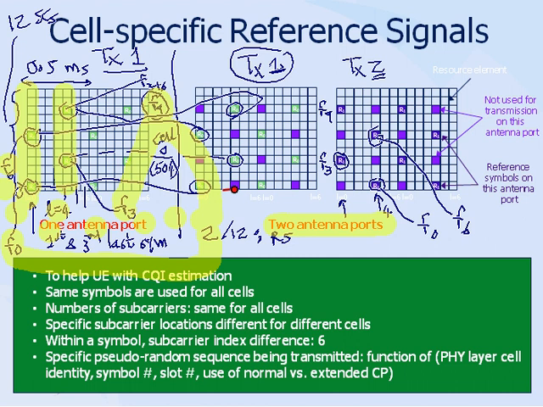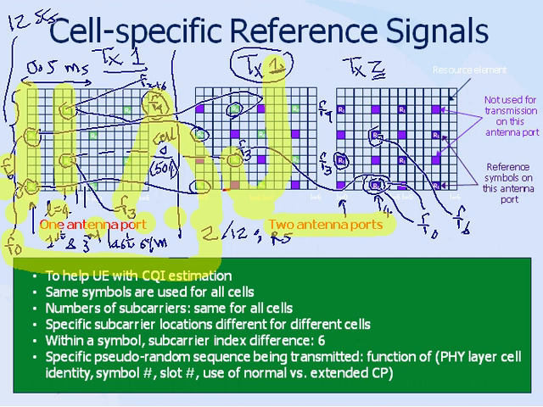The same happens in symbol number 4. Antenna number 1 is sending out signal on F3. However, at the same time, the other antenna is sending out signal on F0.